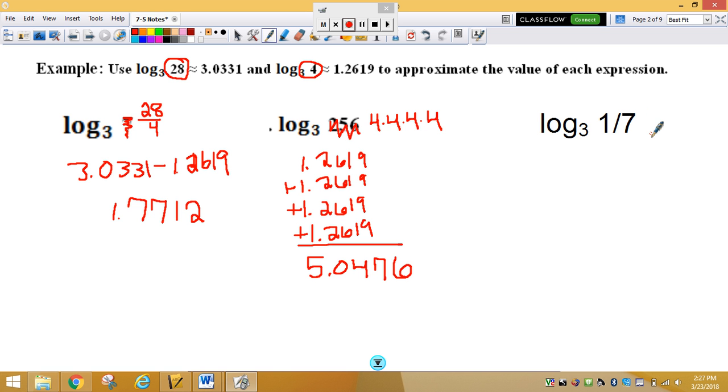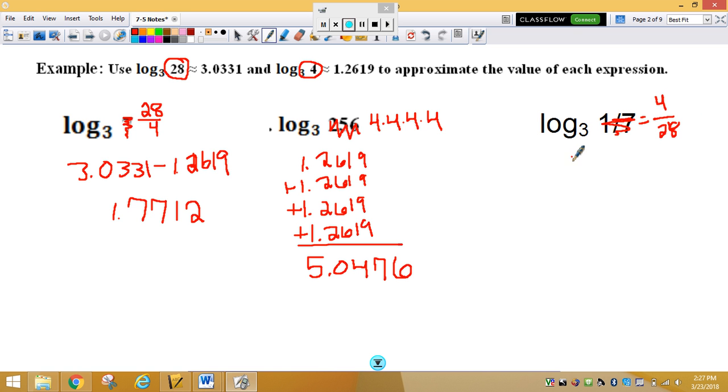Last one. This one's a little bit harder. There really aren't any this hard on your worksheet. I just wanted to give you one. Log of 1/7. Well, there's not a 1 or a 7. But if you do 4 over 28, that will reduce to 1/7.